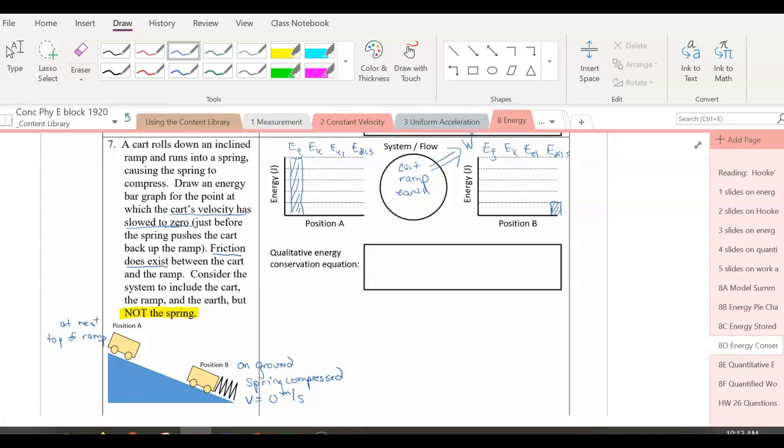Because the spring got compressed when the cart applied a force to it. Okay, so I'm going to write the conservation equation. The initial gravitational potential energy equals the change in the dissipated energy plus the work that was done on the spring that transferred energy out of this system.